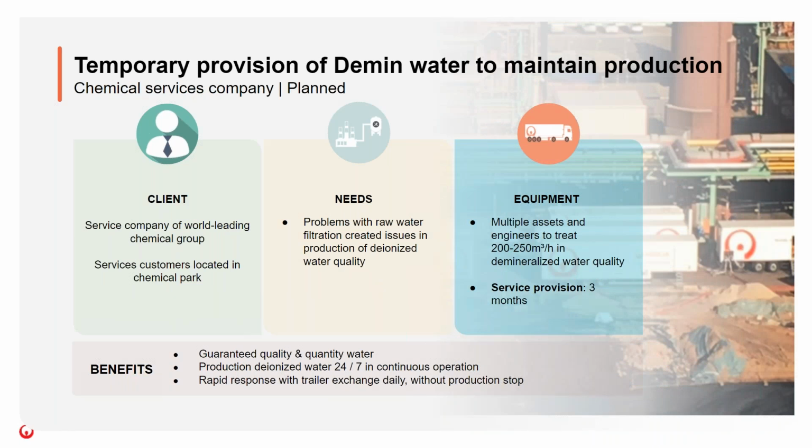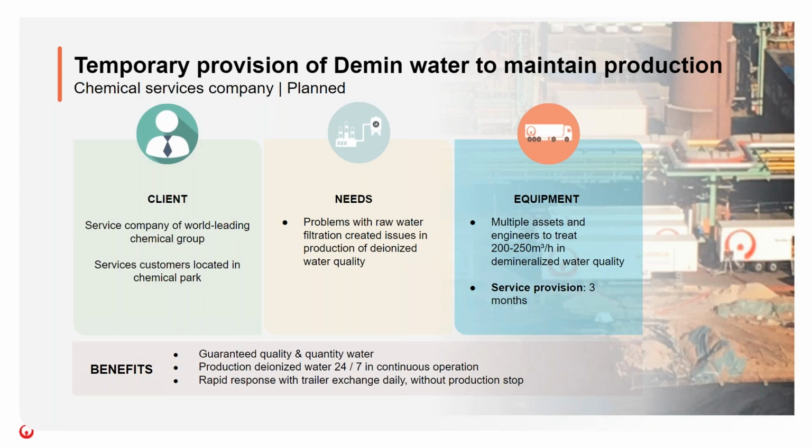Here's a planned category example of a chemical plant that was dealing with issues regarding their existing filtration systems that impaired their capability of producing the plant's requirement for demineralized water.